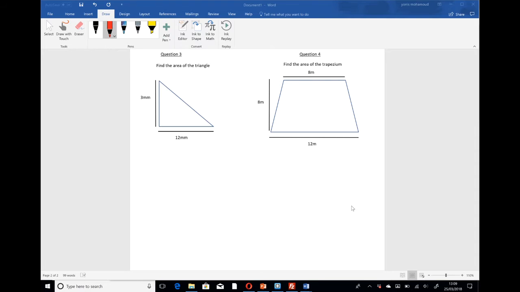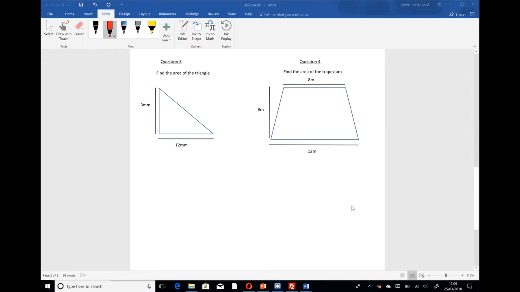Okay, so let's go over question number 4. Question 4 asks, find the area of the trapezium. Just as question number 2 and 3, we don't have any squares to count, so we're going to have to use the formula to work out the area of the trapezium. So another one for you to memorize.